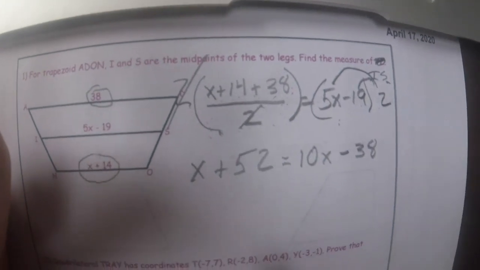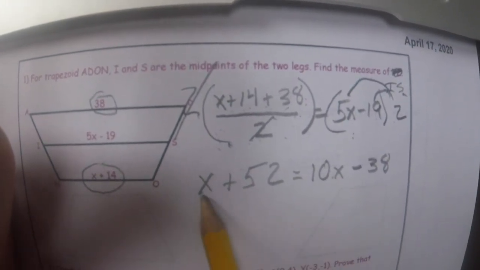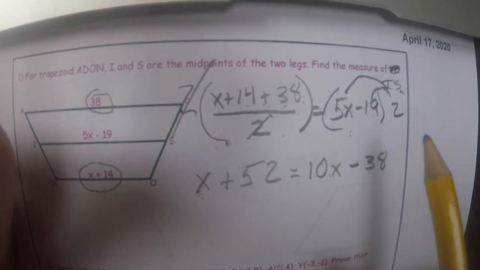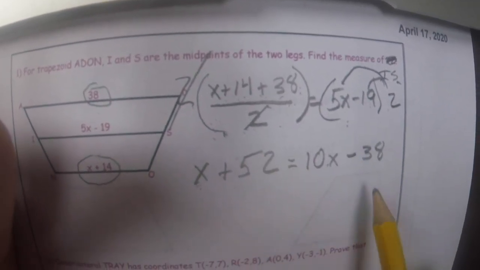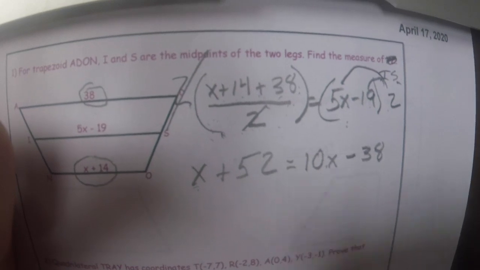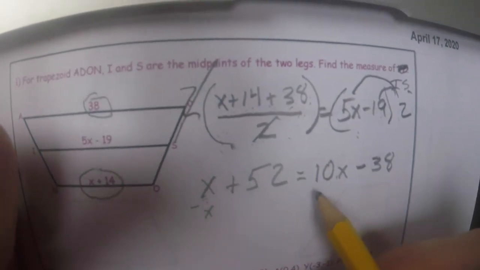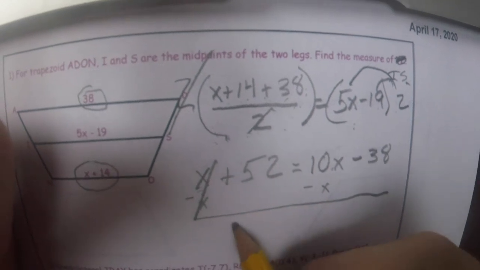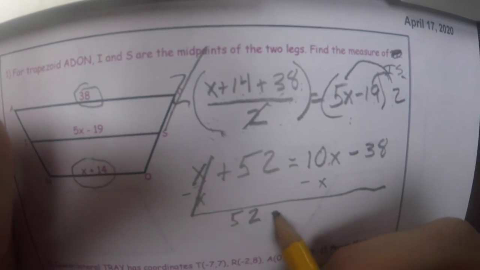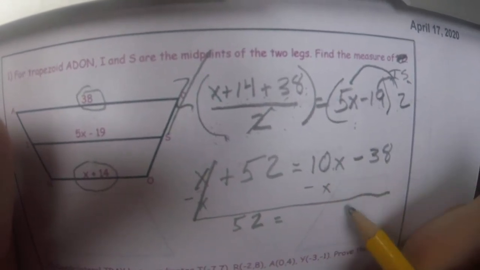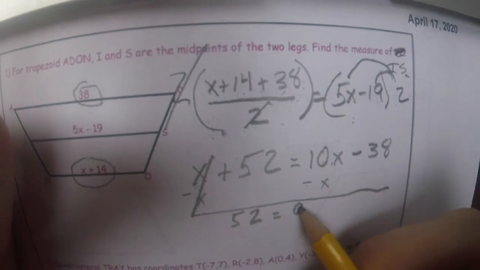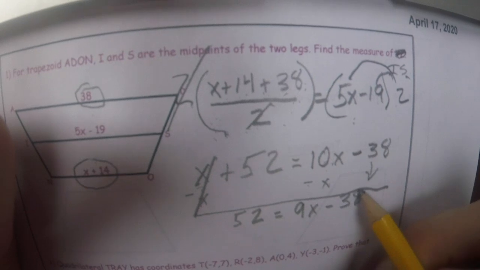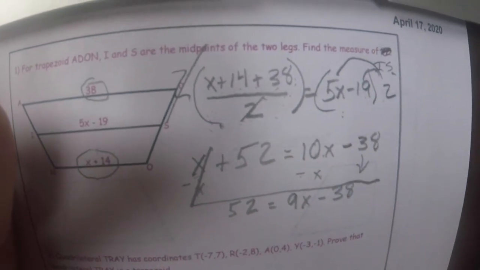All right. So it looks like I got variables on both sides of the equation. So I want to move all the variables to one side and all of the constants to the other side. I would probably subtract x first from both sides. That's just how I would do it. And I get 52 equals 10x minus 1x would be 9x, and then bring down my minus 38. And now we have an easy little 2-step equation.